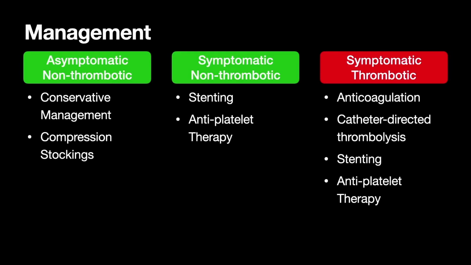If you look in the UpToDate section on May-Thurner syndrome, they really lean heavily towards this whole idea of catheter-directed thrombolysis. And if you're not a candidate for a medically induced thrombolysis, whether that be with TPA or some other agent, then they were talking about other mechanical forms of thrombolysis or thrombectomy, right? And then that is generally followed with stenting, right? You don't really fix the problem by just getting rid of the clot.